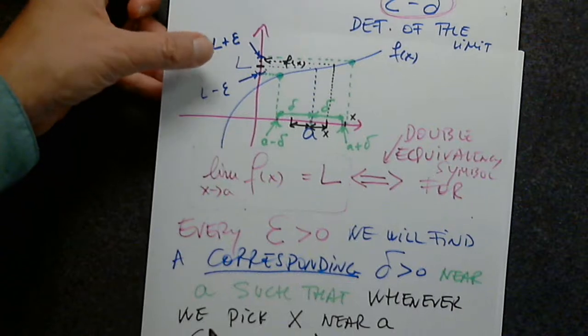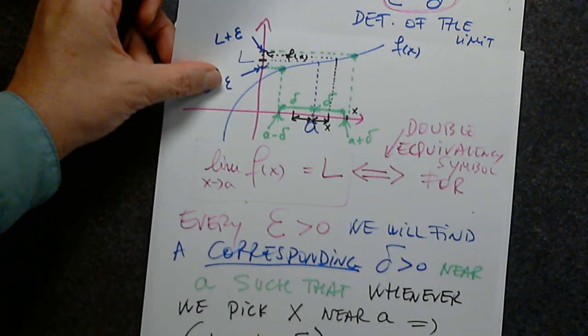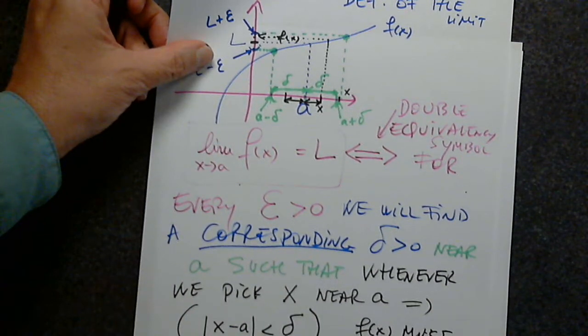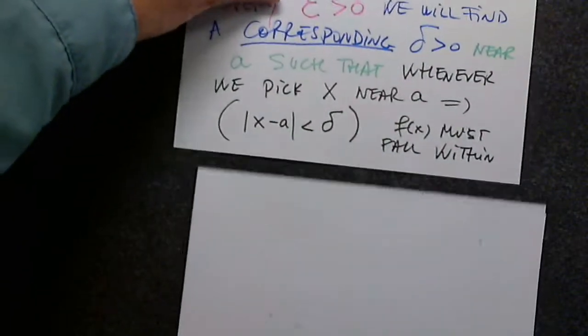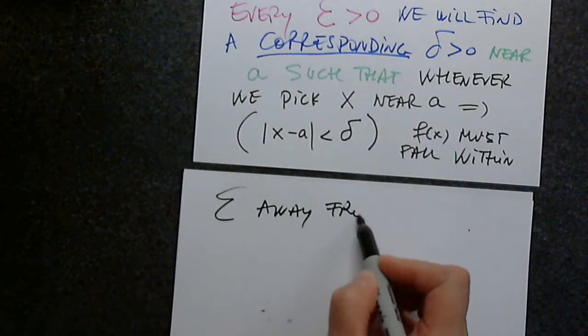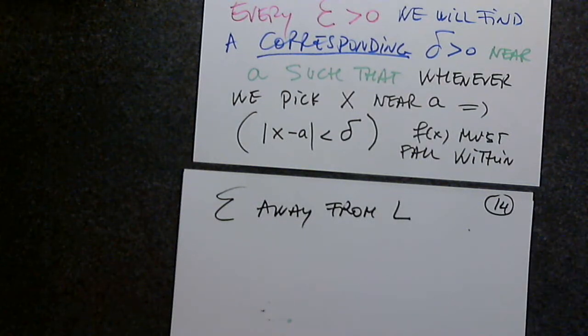Whenever we pick x near A, f of x must fall within epsilon away from L. Why does this happen?